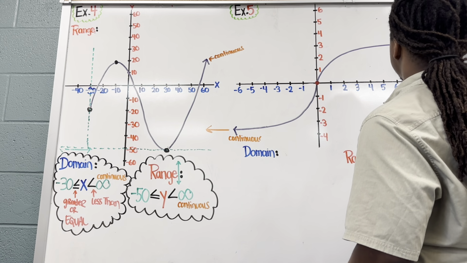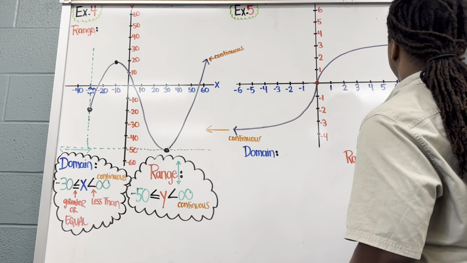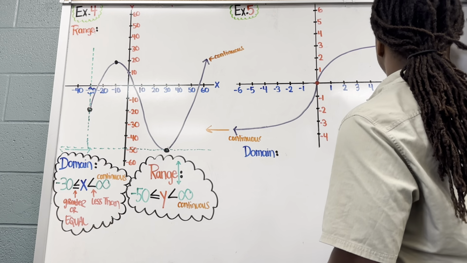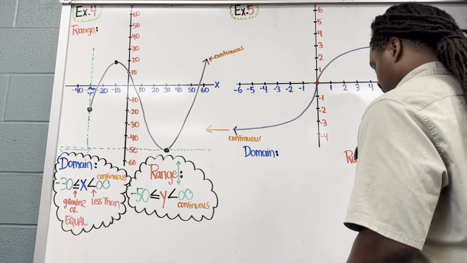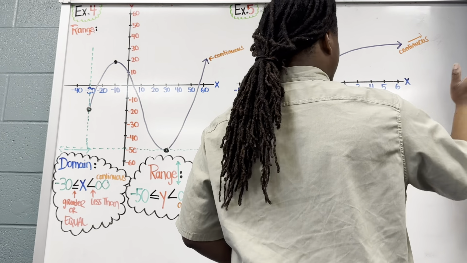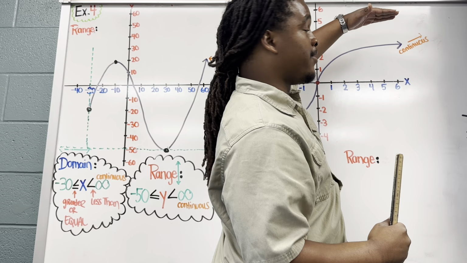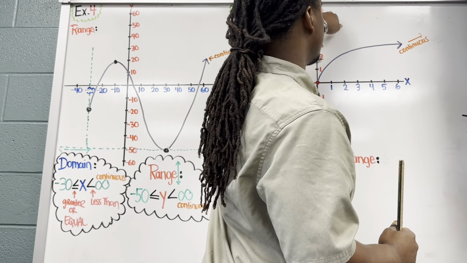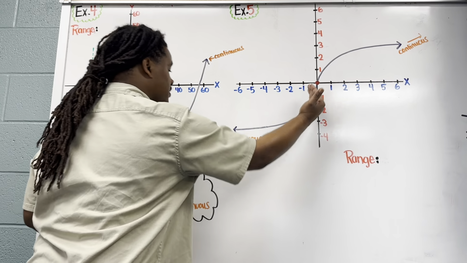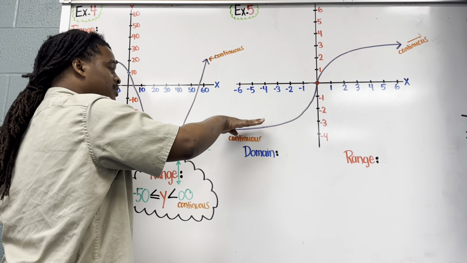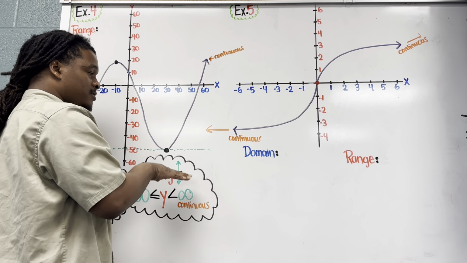So that means that it's continuous, right? So as it continues, it's going to continue to the right, but as we continue to the right, it's still going to level up, right? Or it's still going to get higher along the y-axis. And over here, as it continues to the left, it's going to get lower on the y-axis, okay?